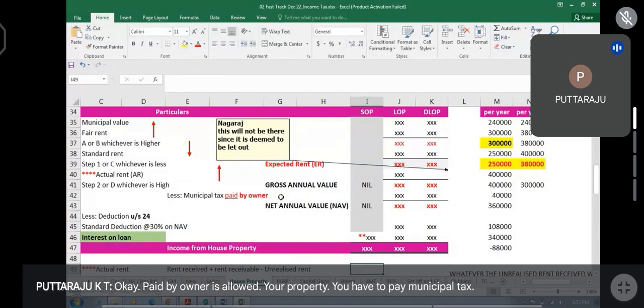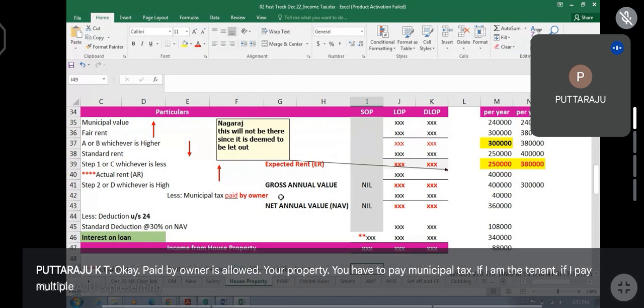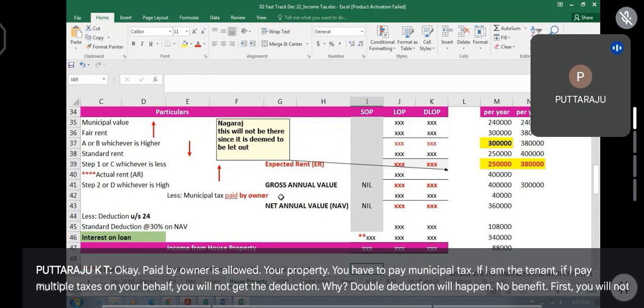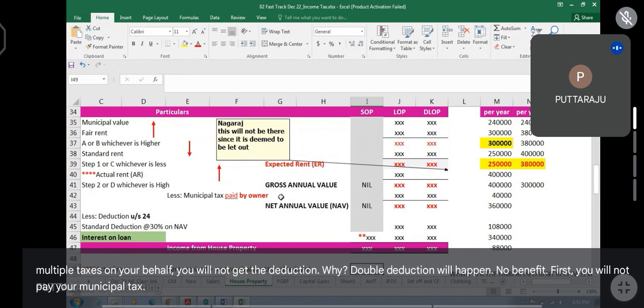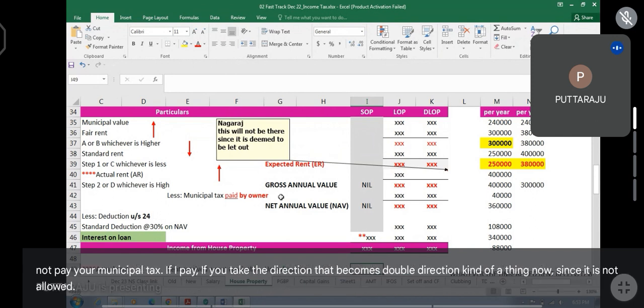If I am the tenant and I pay municipal taxes on your behalf, you will not get the deduction. Why? Double deduction will happen. First, you did not pay your municipal tax; if I pay and you take the deduction, that becomes a double deduction. Hence it is not allowed. Only municipal tax paid by owner should be allowed.